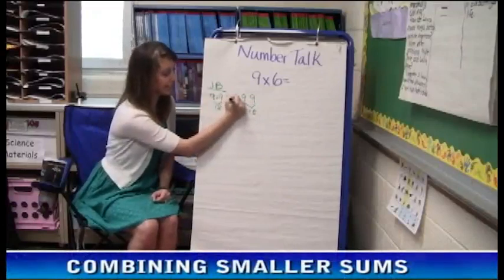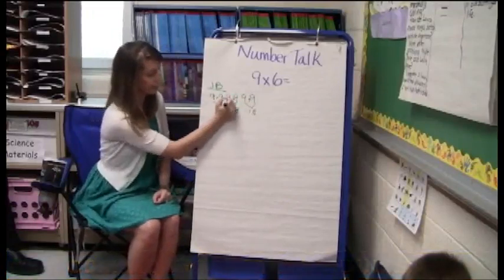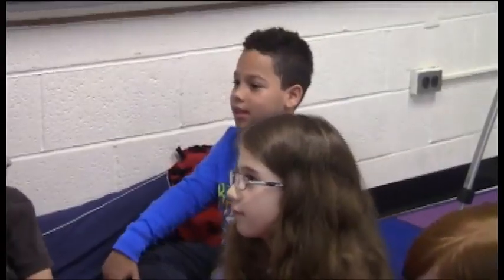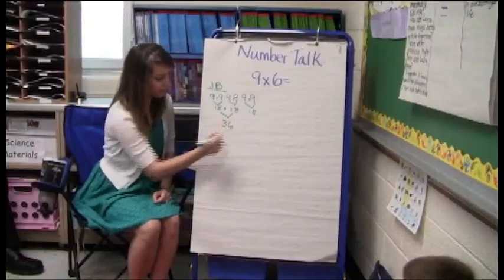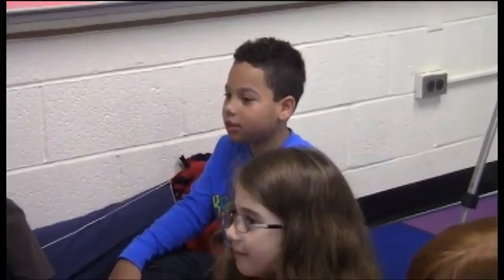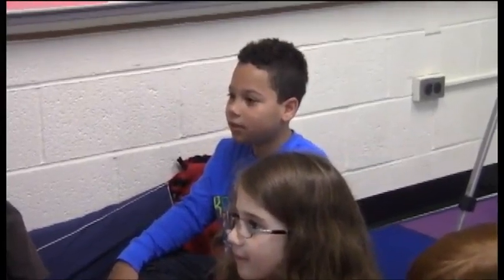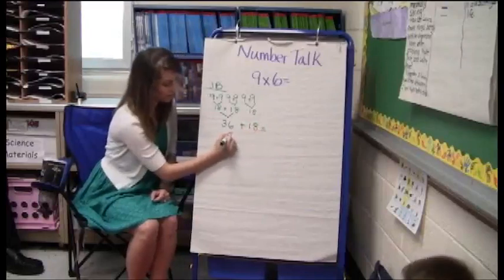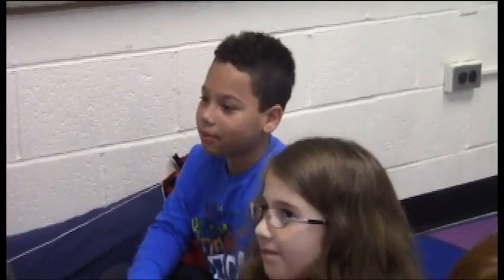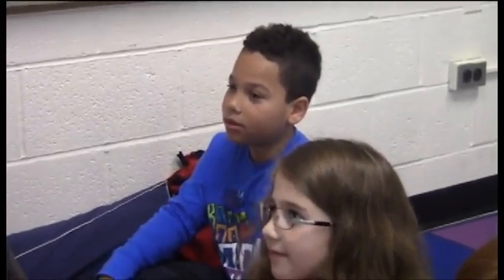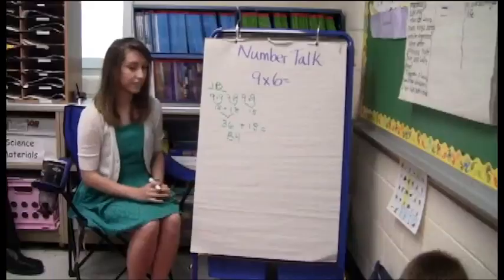So you were really adding them? Okay. And 18 plus 18 equals 36. And 36 plus 18 equals 54. Okay. So what is 54? The total. The total for 9 times 6?